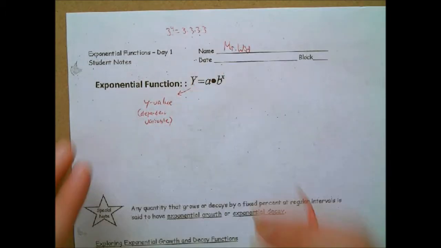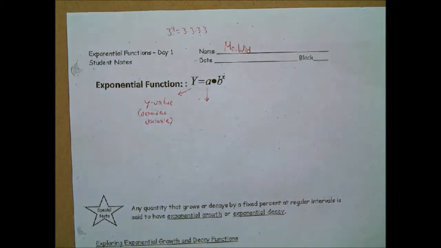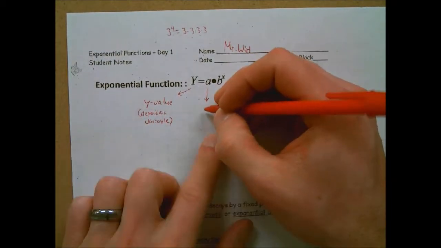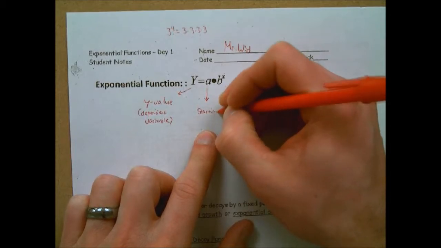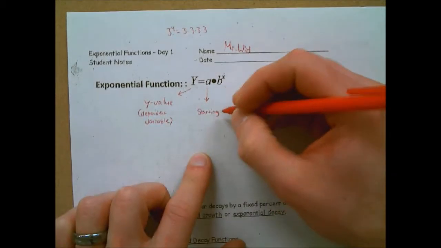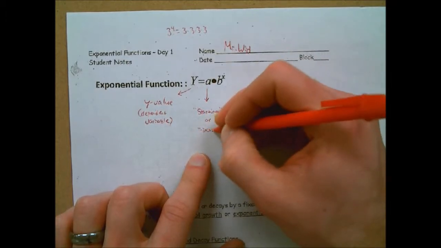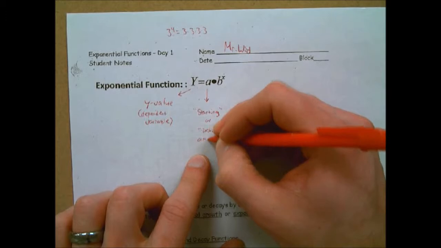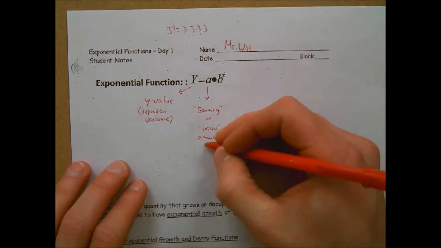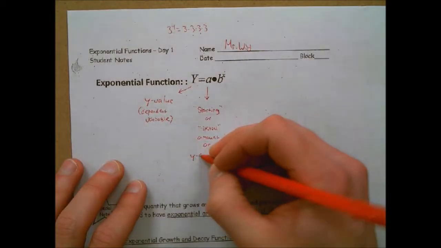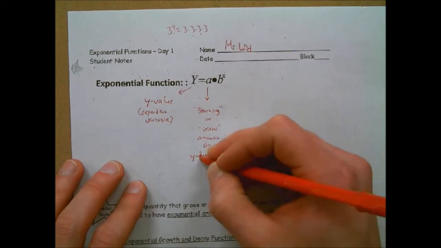The a, you could think of that, in context, as the starting or initial amount, if there's a context. You could also think of it as our y-intercept.